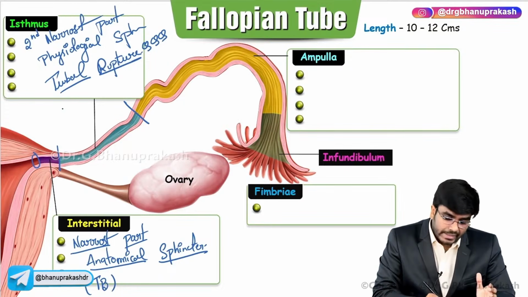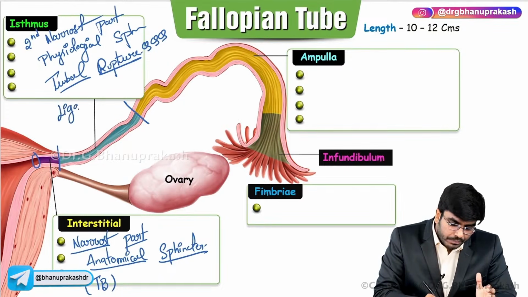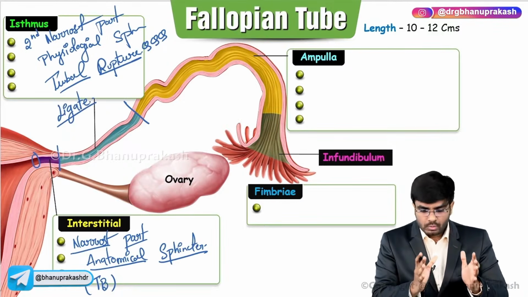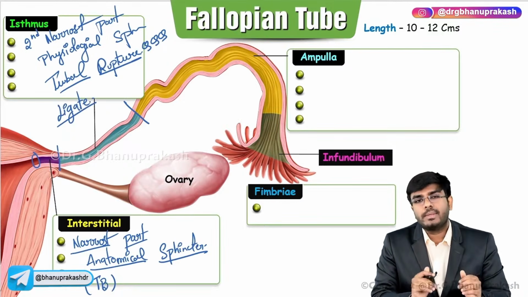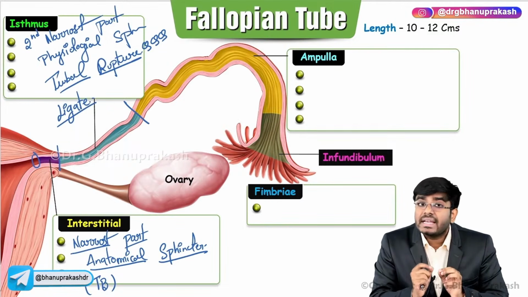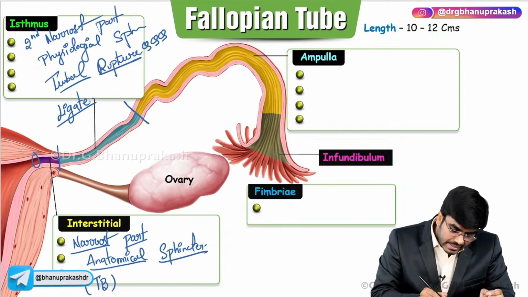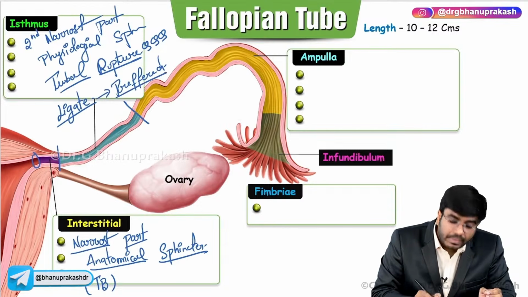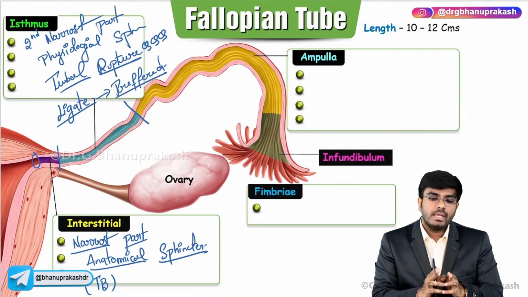If you want to ligate the tubes, for example, there is a female who came to you and she wants to have a tubectomy. Now you want to ligate the tubes, you have to give the cut to the tubes. Where exactly will you give it? Isthmus. Isthmus is the preferred site to ligate. Why?